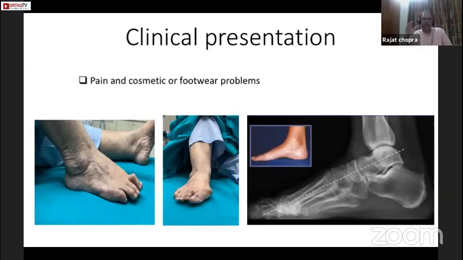Many times these patients will come to you in winter because they find it difficult to put their footwear on, and because the footwear hurts, that's when they seek medical attention. In summer they manage with their slippers, but in winter they would like to go in their shoes, so that hurts.